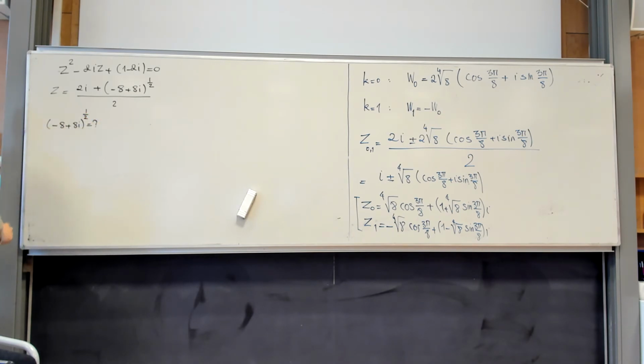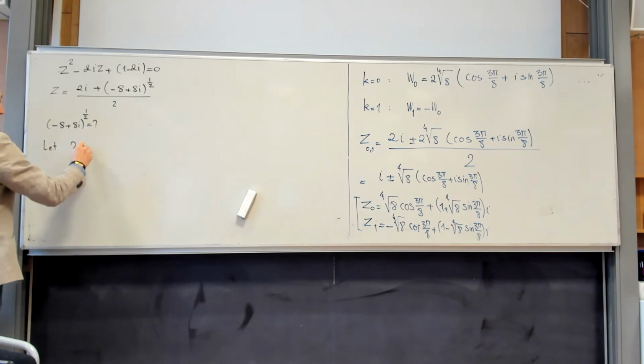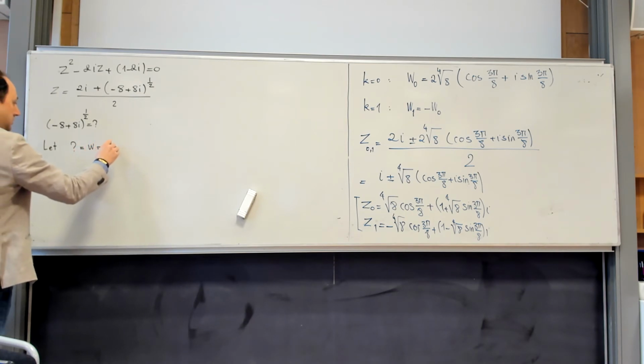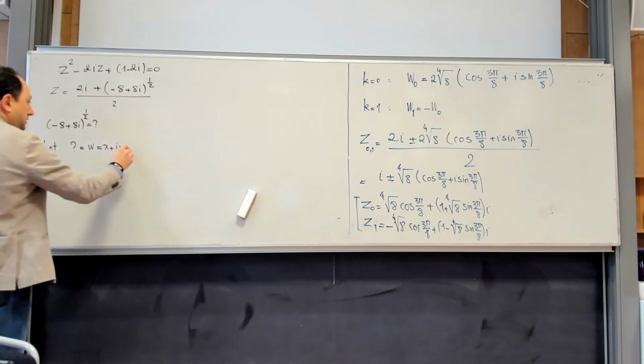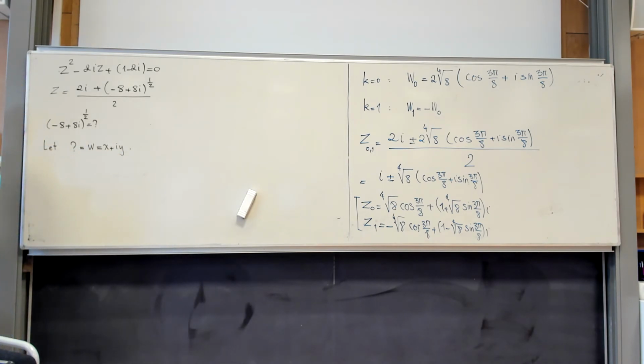So what we do, I would say that let the question mark be, I don't know, W, which I can call it in Cartesian coordinates x plus yi. Okay? Then, what does this mean? It means that W squared should be equal to this number.